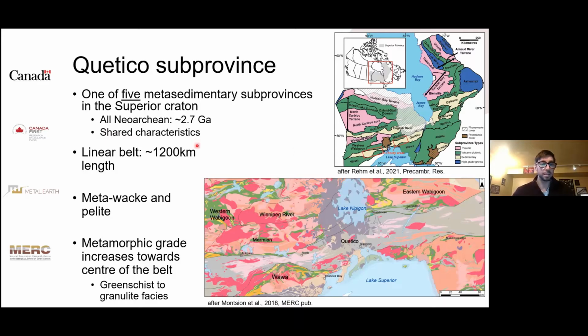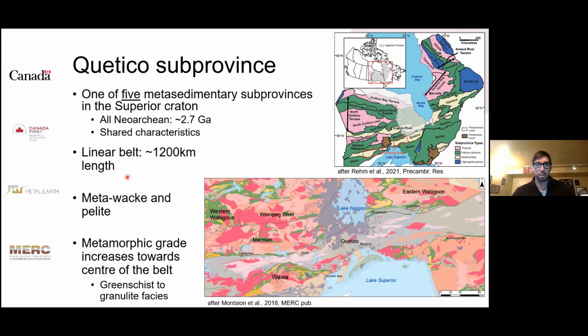And they contain these metapelitic and semipelitic mineral assemblages, which are quite sensitive to differing pressure temperature conditions, and can allow us to investigate the metamorphic evolution of these Neoarchean rocks.